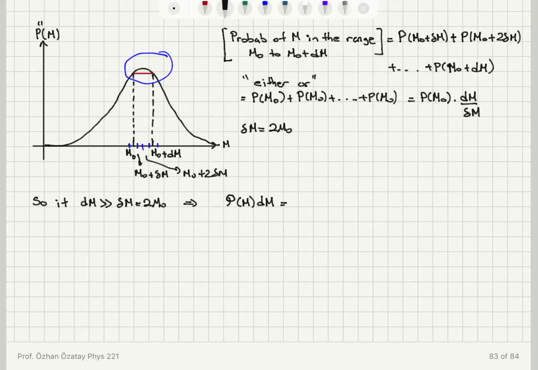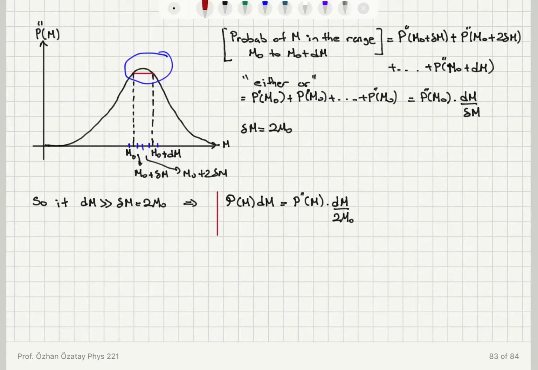So this is going to be equal to the same thing I have calculated here, because these are the discrete probability values. This will be equal to probability of finding the m value multiplied by dm divided by delta m, which is 2 mu 0. So these two should give the same answer.